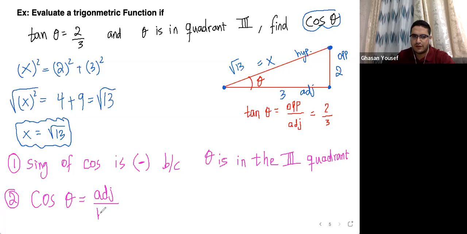Because we have negative here, it equals negative of the adjacent, which is 3, over the hypotenuse, which is the square root of 13. So 3 over square root of 13, and this is my answer for the cosine function.